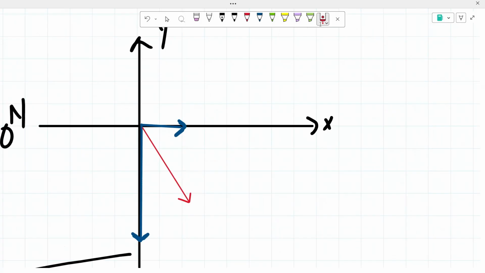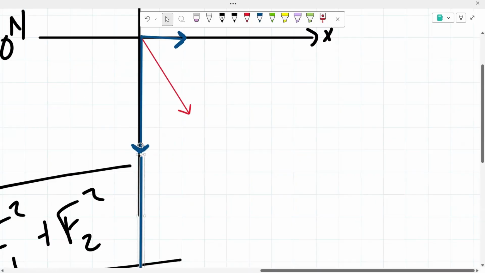If you want to go clockwise, you know that this angle right here is equal to 270, since from here to here is 90, from here to here is another 90, and from here to here is another 90. So that's a total of 270, and then from there you would just have to find this angle and add that to 270. But I'm just going to be finding the direction going counterclockwise, so that just means I have to find this angle right here.